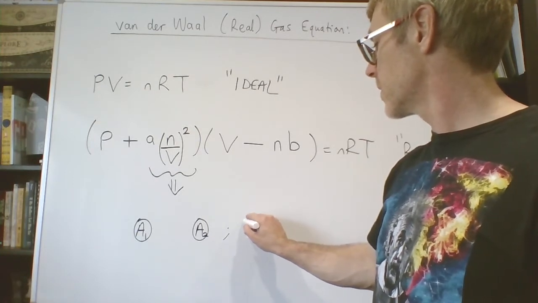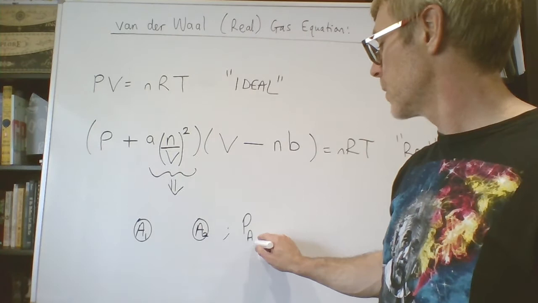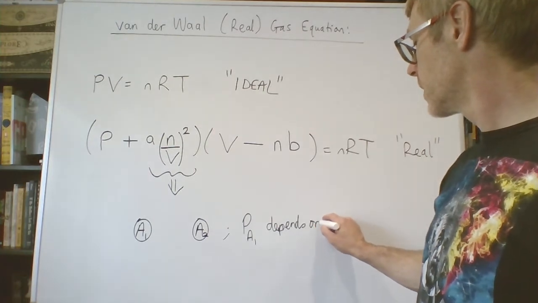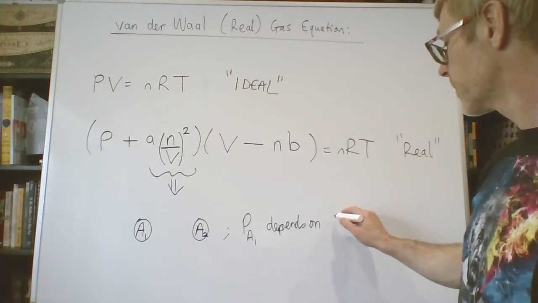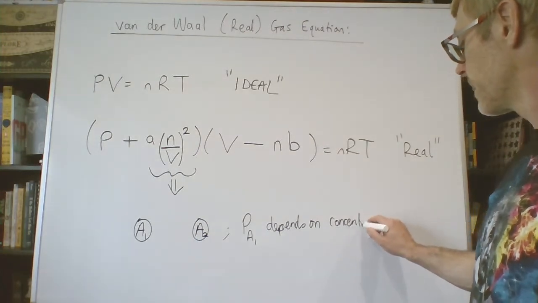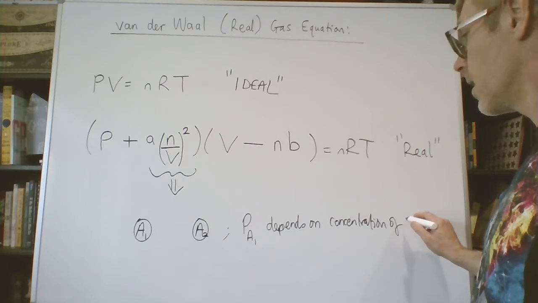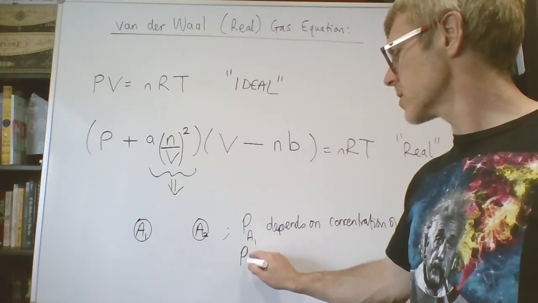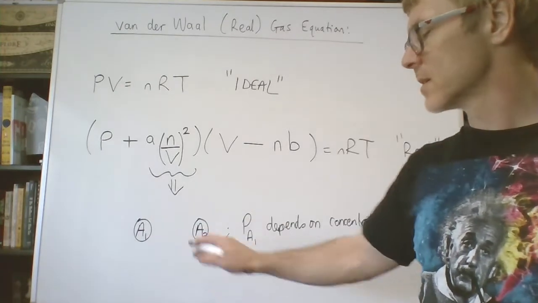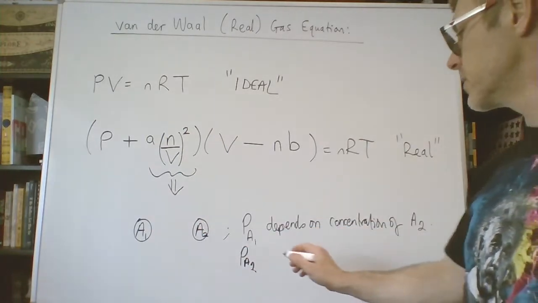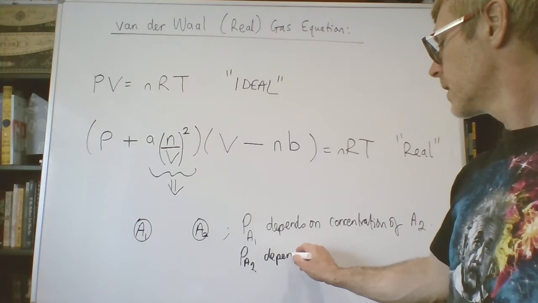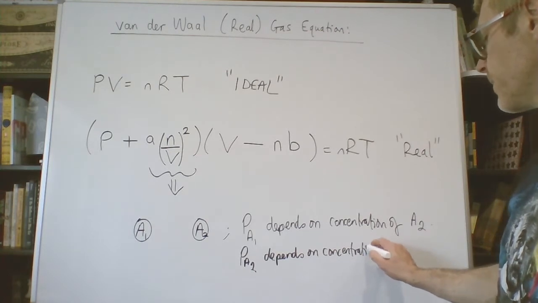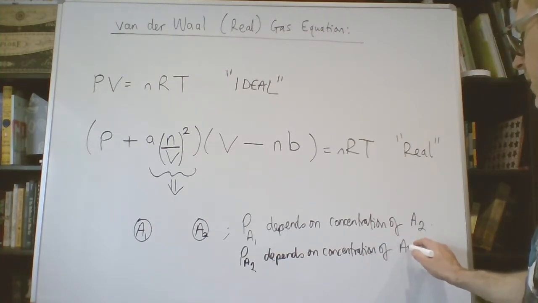So I know that the pressure of A1 depends on the concentration of A2, and likewise I can say that the pressure of A2, because there's a relationship between A1 and A2, mutually depends on the concentration of A1.